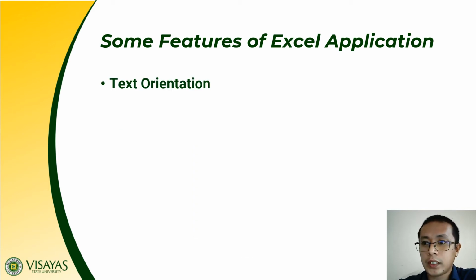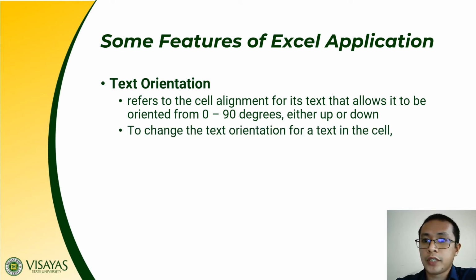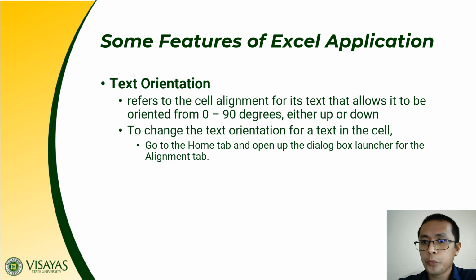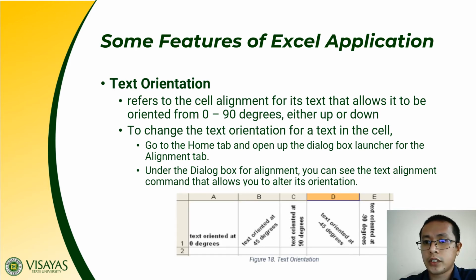Then we can also change the text orientation for our text entries in Excel. It can be oriented from 0 to 90 degrees, either up or down. To change the text orientation, go to the Home tab and open up the dialog box launcher for the Alignment group. Under the dialog box for alignment, you can see the text orientation command that allows you to alter its orientation.